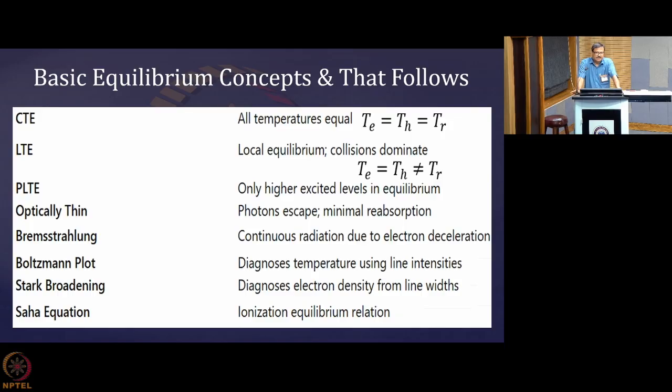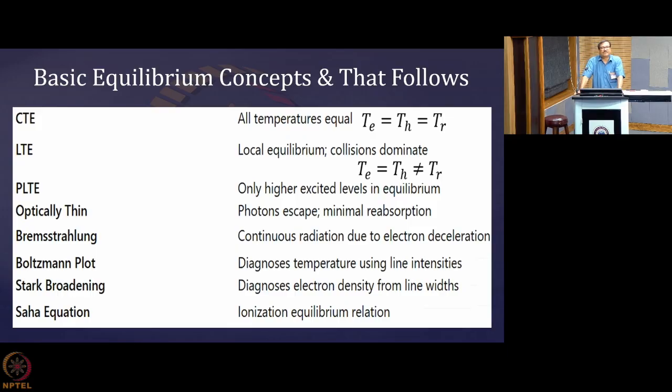I just summarize the concepts that we have studied in our regular classes. We had CTE where all temperatures are equal: the electron temperature and heavy species temperature are the same as the radiation temperature. We had LTE where local equilibrium was holding and collisions were dominating. The electron temperature is the same as the heavy species temperature, but it is not the same as the radiation temperature.